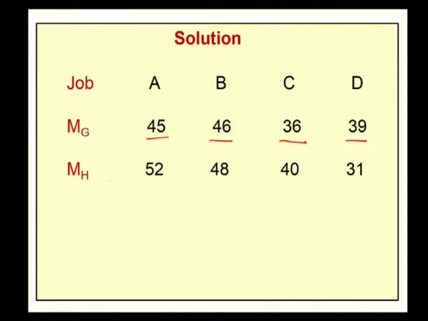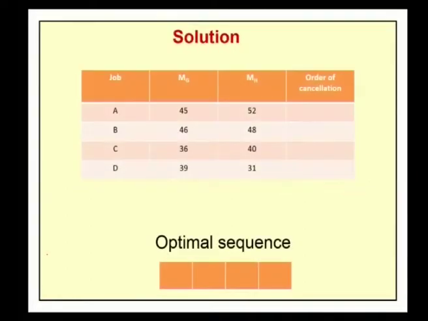And for machine H, the processing time for job A is 52, job B is 48, job C is 40 and job D is 31. Now, with these processing times of the new machines G and H, we can find out the optimal sequence. So, the given problem is converted into a 4 job 2 machine problem.